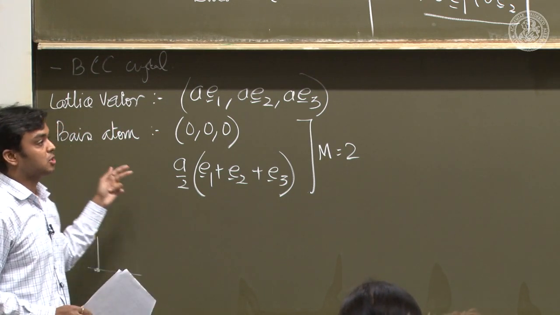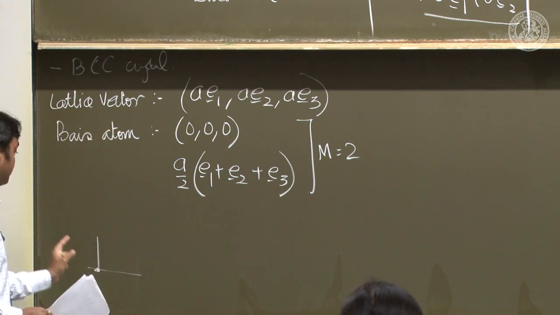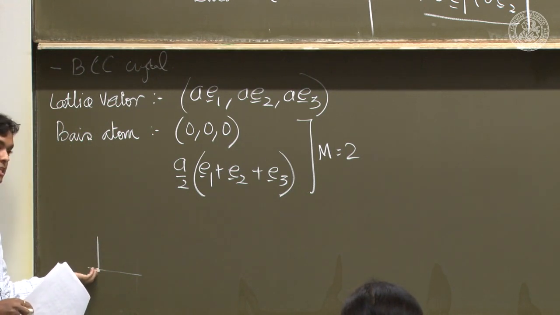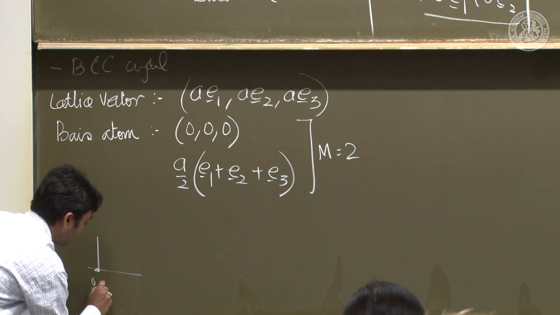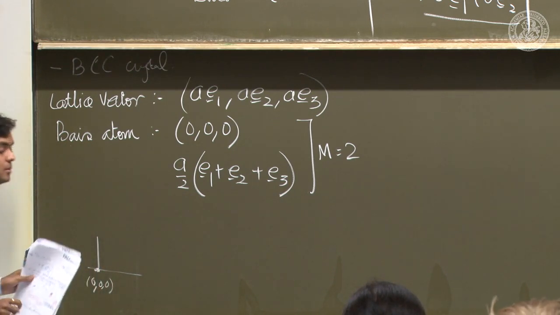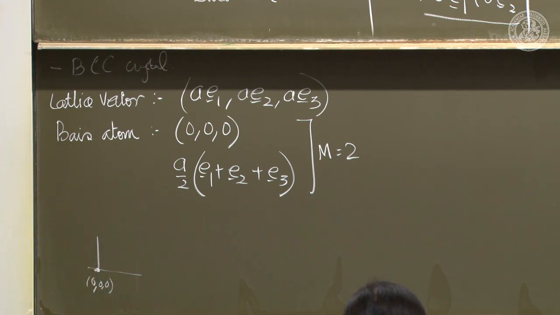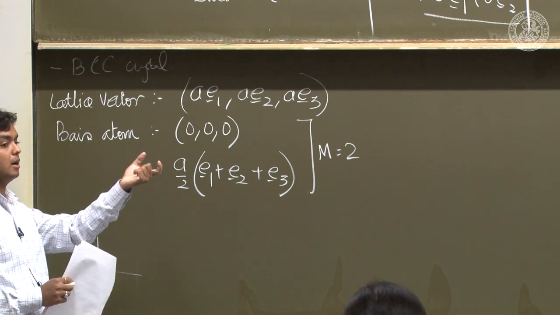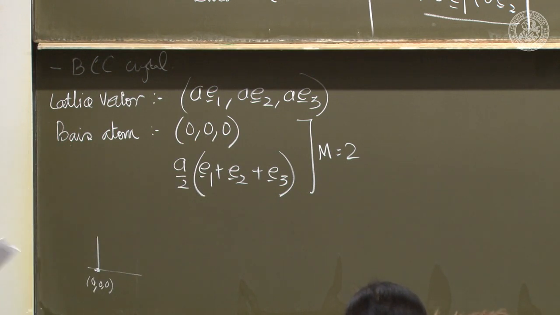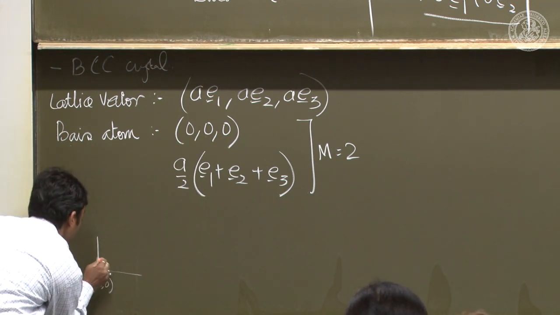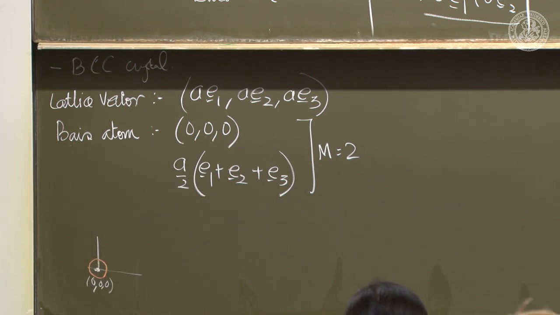So I first make a lattice point here from 0, 0, 0, so that's this point. And then I put my first atom 0 comma 0 comma 0 over that. So this is one atom.